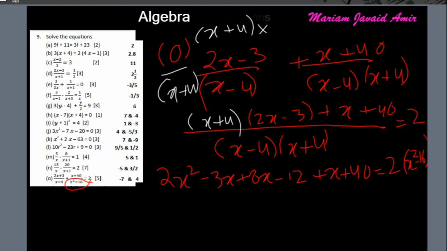I'm again taking it back to the expanded form, and then this becomes 2x square minus 3 plus 8 plus 1 will be plus 6x, and then minus 12 plus 40 will be plus 28 equals 2x square minus 32.